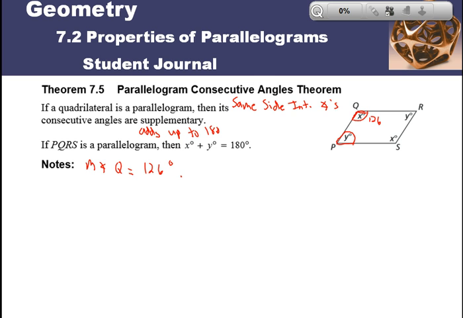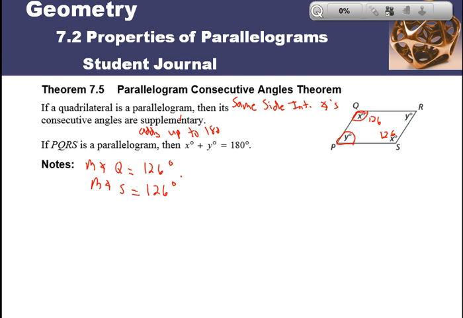Okay, so angle S is opposite, and they're both x, so obviously they're equal, so the measure of angle S will also be 126.